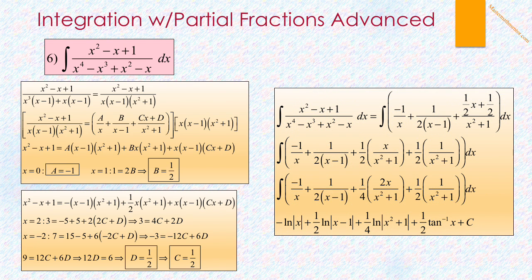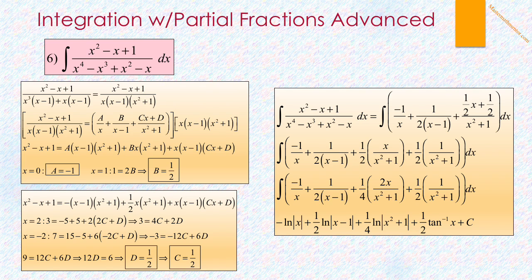So our expression, the integral of x squared minus x plus 1 over x to the 4th minus x to the 3rd plus x squared minus x dx, can be written with our partial fractions and our values of a through d plugged in as the integral of -1 over x plus 1 over 2(x minus 1) plus (1/2 x plus 1/2) over x squared plus 1 dx.